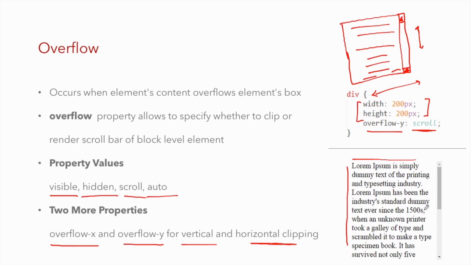And when you specify hidden, the scroll bar will never be shown, the text will get automatically clipped, but you can still scroll with the help of the mouse. And when you say auto, it will not be displayed, but it will only work wherein your text is going to overflow. Okay, but more often the scroll value is commonly used.